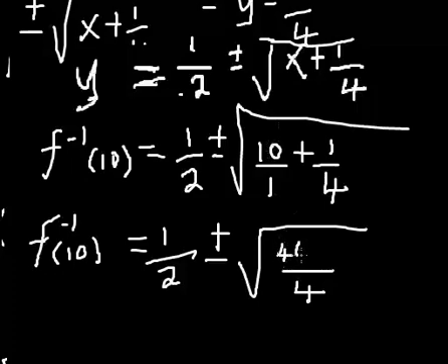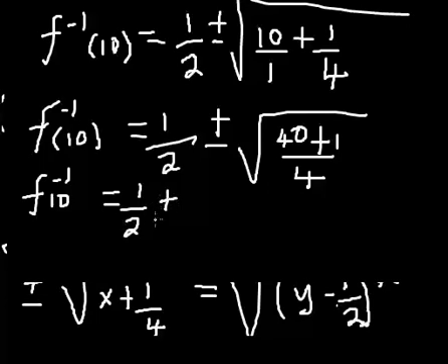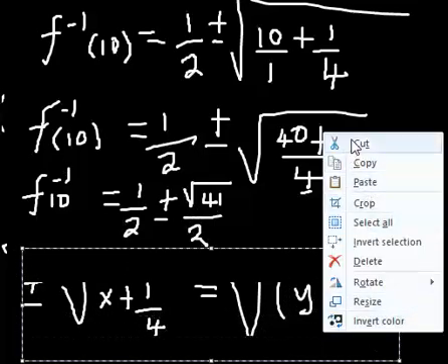Then 4 divided by 4 is 1. So I have f inverse of 10 equal to 1 all over 2 plus or minus, the square root of 4 is 2. So the upper part has 41 all over 2.